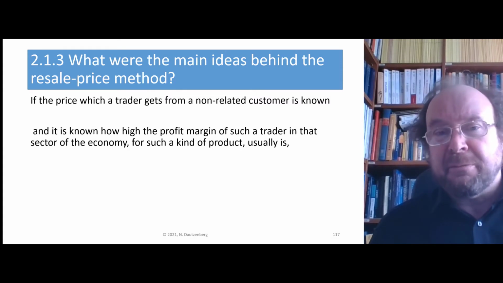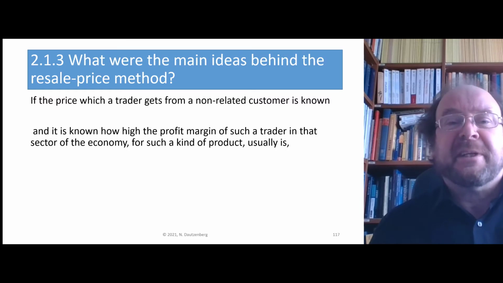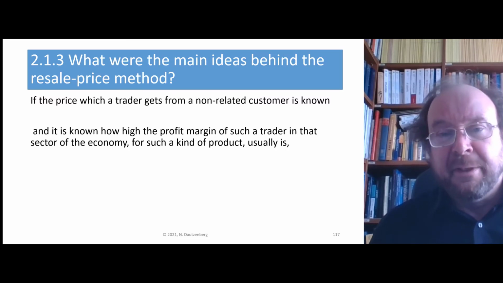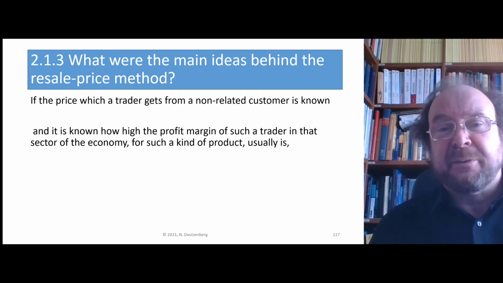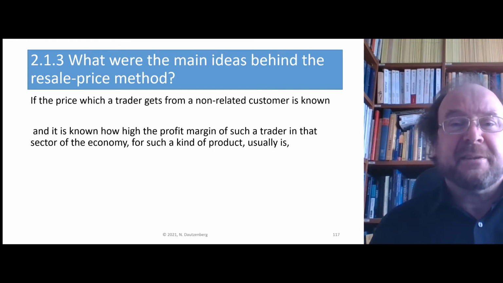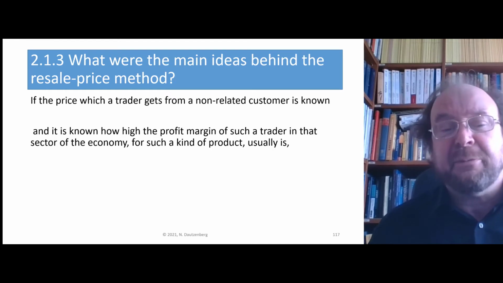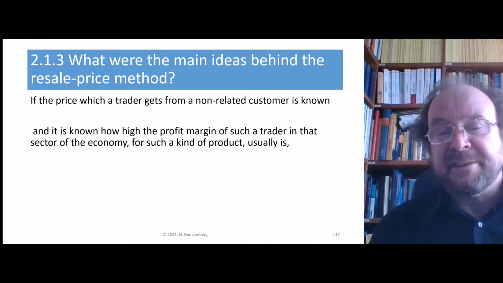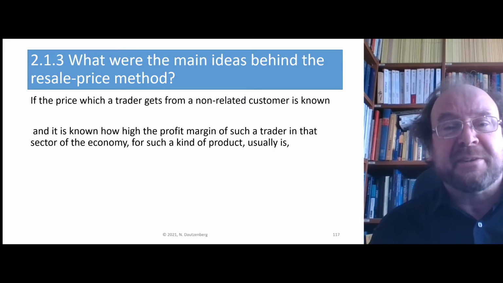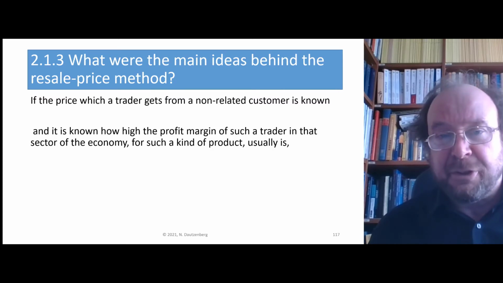And now you could calculate backwards and say, if traders usually, when they sell shirts, add to their own purchase price a certain profit margin, always the same percentage, then we can calculate backwards and say, what would such a trader, if he or she knows I can sell this product to customers for 100, what would that trader be willing to pay to the producer of such a shirt?